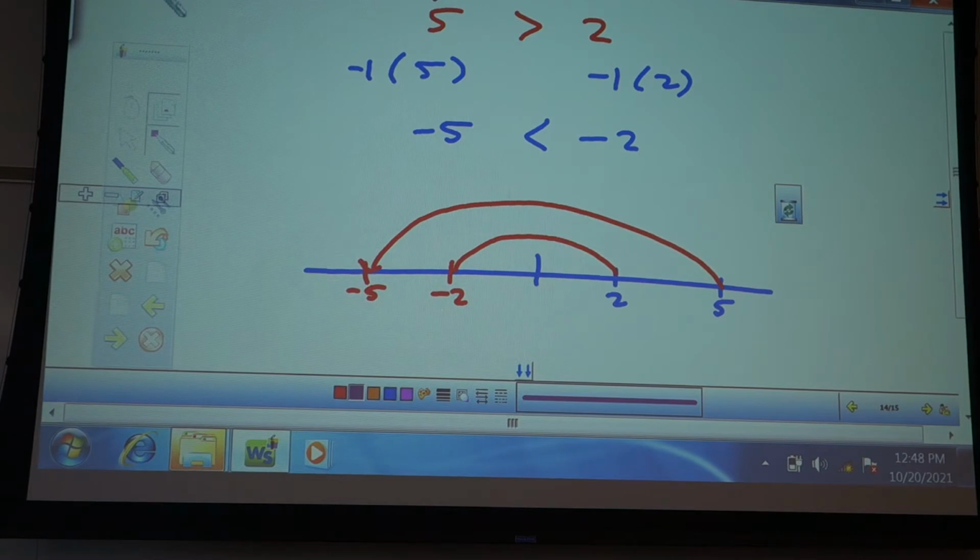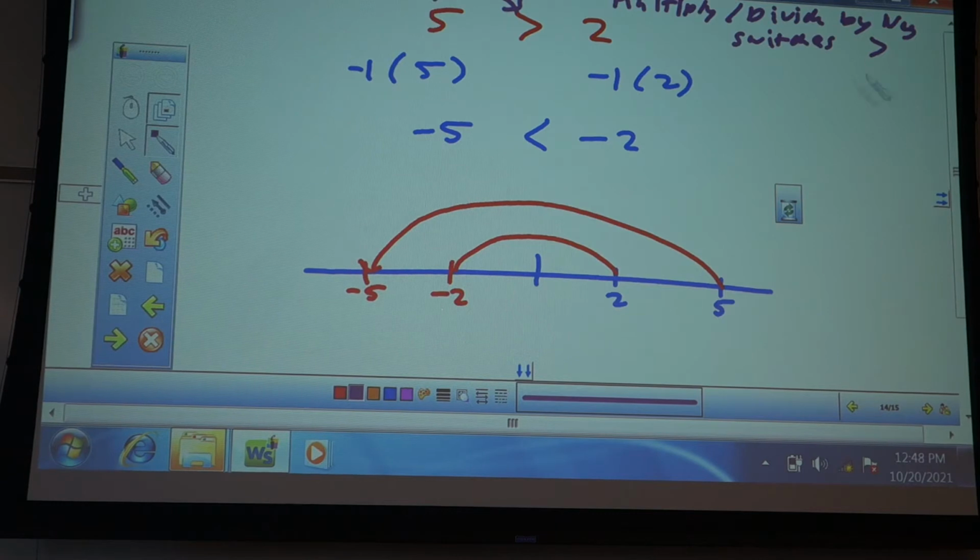In other words, when you have this, multiplying or dividing by a negative switches the inequality.